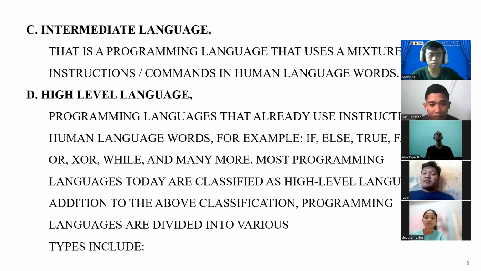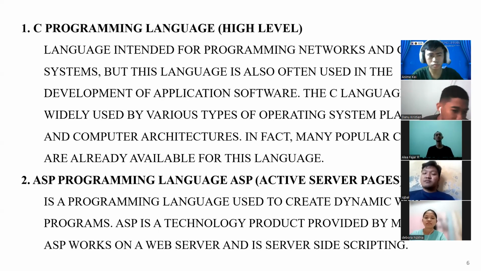In addition to the above classification, programming languages are divided into various types, including: 1. C programming language, a language intended for programming networks and computer systems.